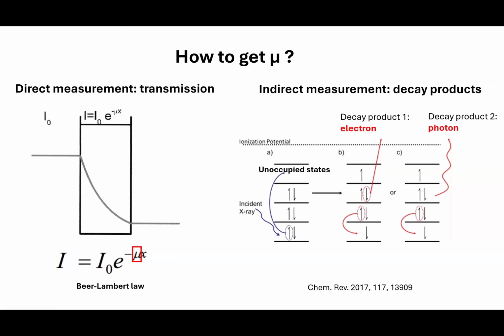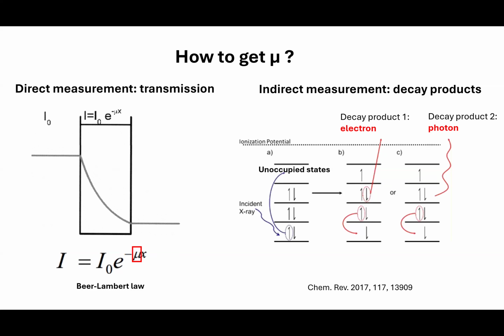For example, if we have an appropriate sample thickness that gives us the appropriate attenuation, and we double the thickness, you're not just cutting your transmitted X-ray by half; it is reduced by another factor of e. So the sample thickness is extremely important for the data quality in transmission mode.